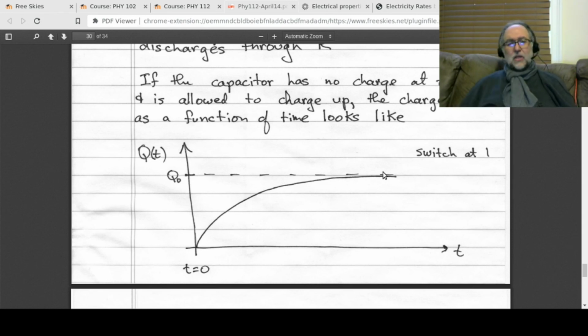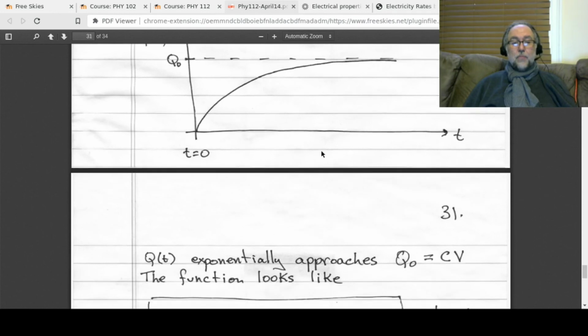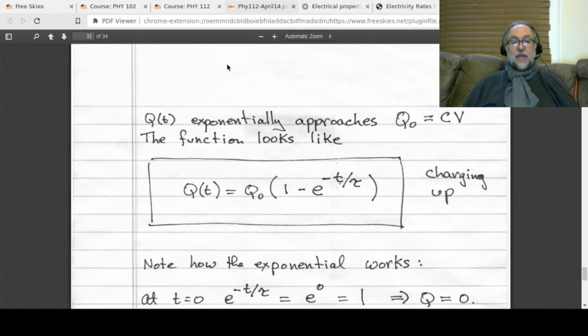At first, it charges up fast, and then the rate at which it charges slows down, but it continues to charge up until finally you can't get any more charge on it. So this is the characteristic curve for the capacitor charging up, when the switch is in position 1. Now, what does the formula for that look like? Well, the formula, Q as a function of time, basically exponentially approaches Q naught.